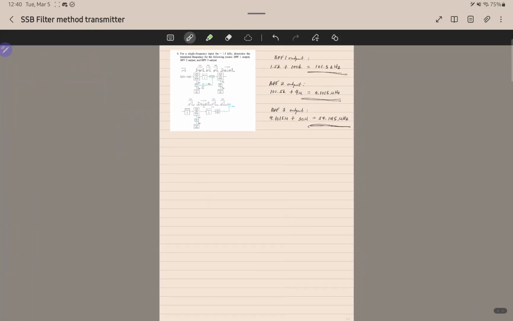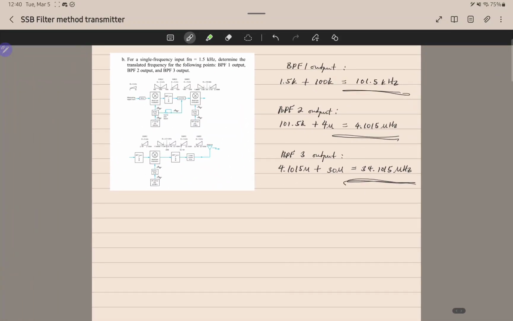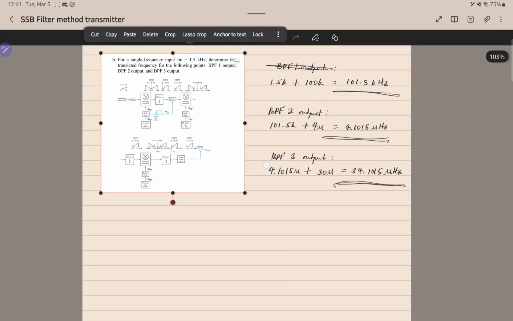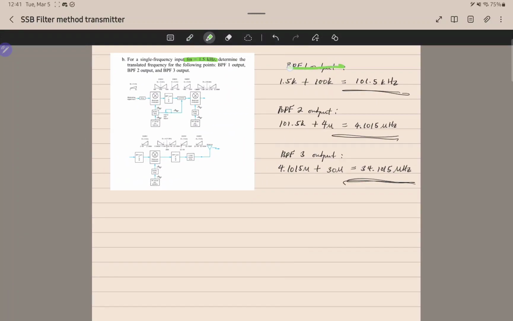So let's test our understanding by looking at what happens if we have a single modulating frequency input at 1.5 kilohertz. So what would be the frequency that will show up at the output of our BPF1 then? That would be just summing up 100 kilohertz, right? So that would be 101.5 kilohertz.